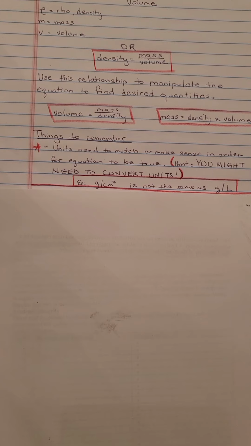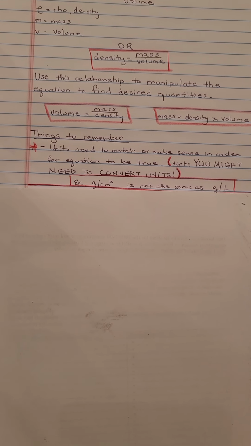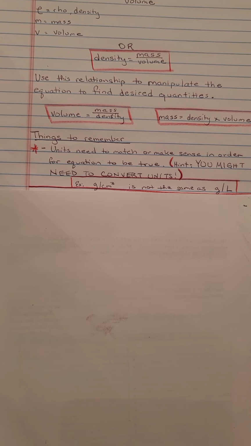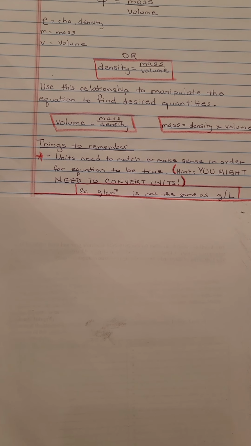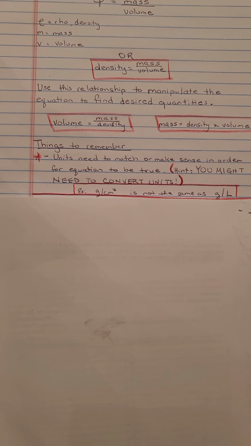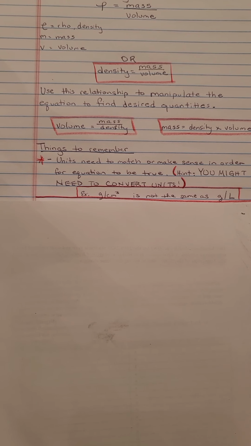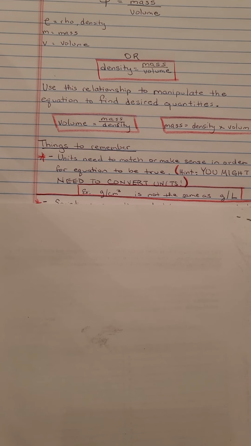If I'm given a density that's in grams per centimeter cubed, know that that is not the same thing as grams per liter. So you want to make sure that whatever you are being asked to find, your units match. So if you were given a volume in liters, but the answer is being asked to be reported in grams per centimeter cubed, you're going to need to convert your liters to centimeters cubed. Okay, pay attention to that.